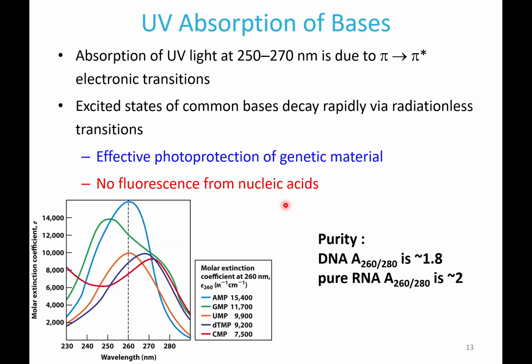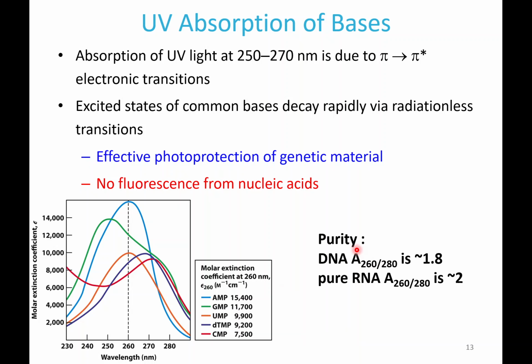And the absorption of UV light, and the fact that they have this radiationless transition that relaxes back down to the ground state, is actually a really effective means of protecting genetic material from UV light. Okay, although UV light is, as we know, still damaging to DNA.